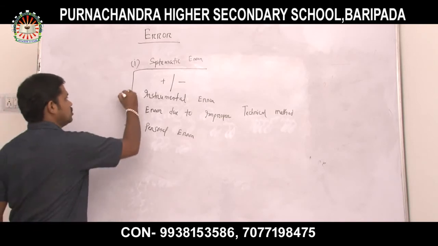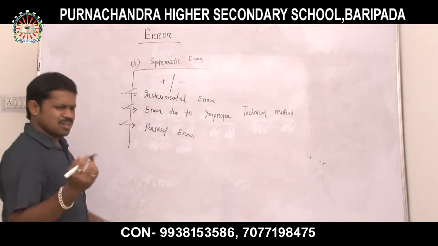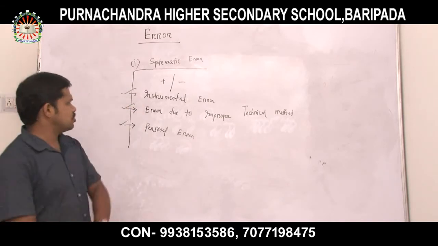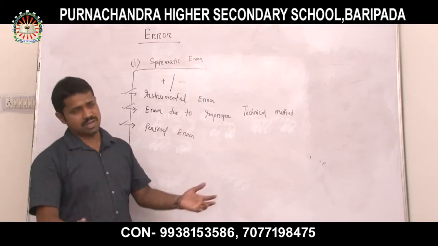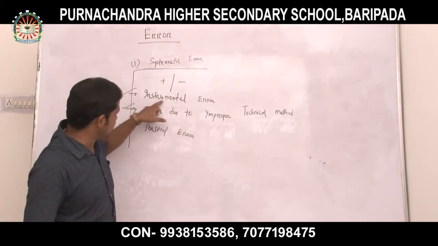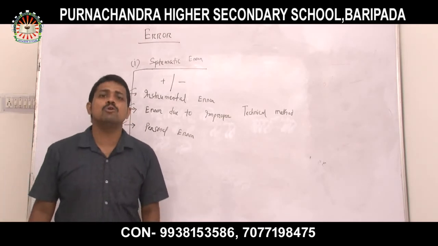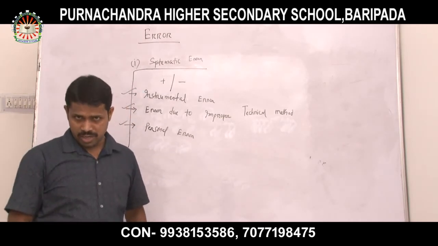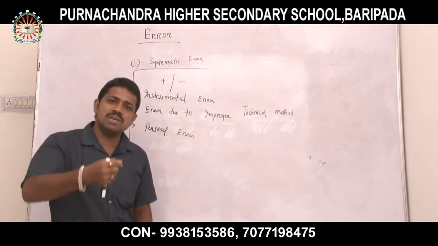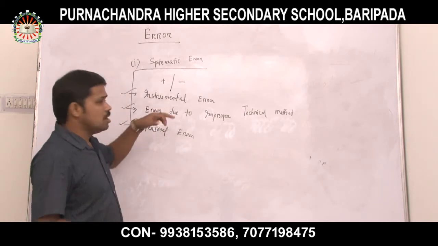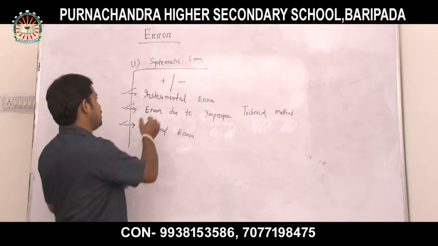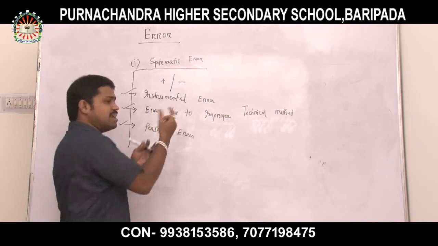So what are the three things? Let us discuss them one by one. First of all is the instrumental error. Very simple, as the name indicates, this type of error arises due to malfunctioning or misuse of any instrument.